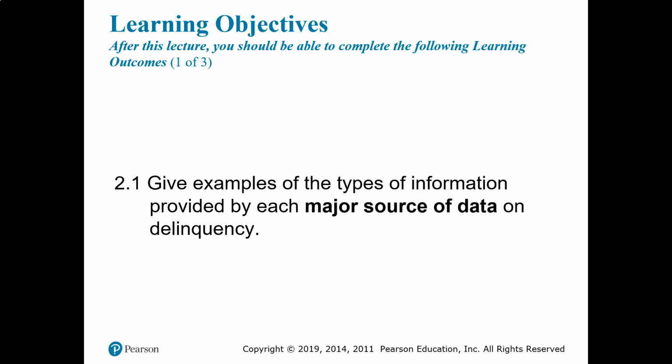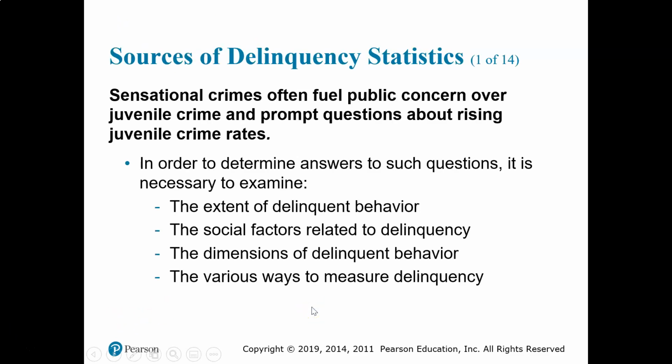So in this chapter, we're going to talk about some different sources of data that will give us information on delinquency. A lot of us will get our information about what kinds of crime are being committed from the media, from sensational crimes that are reported in the news.